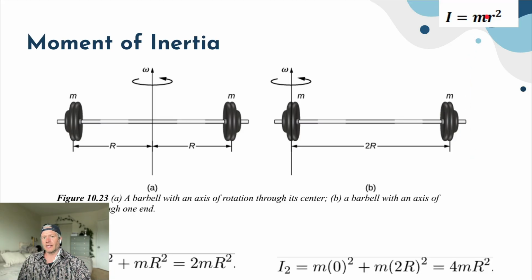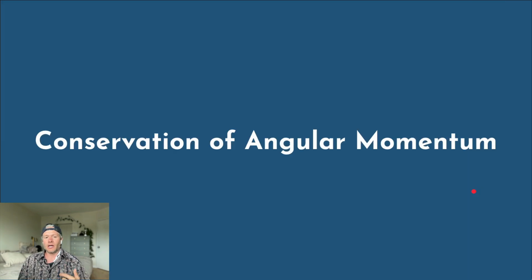Again, if we just look at this equation, the most important thing when we're talking about moment of inertia is our R value, the distance at which our mass is distributed away from the axis point. Okay, cool. Let's talk about conservation of angular momentum. This one's very, very common in sport and how we move our bodies.